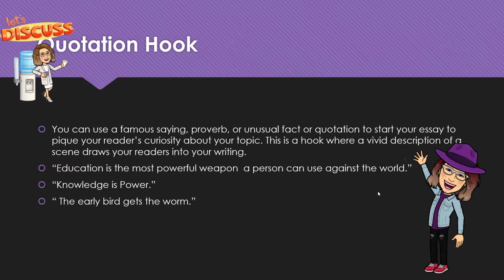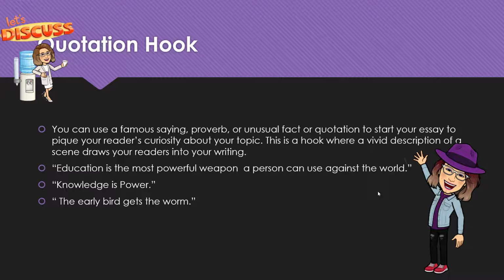Quotation hook. You can use a famous saying, proverb, or unusual fact for quotation to start your essay to pique your reader's curiosity about your topic. This is a hook where a vivid description of a scene draws your reader into your writing. Education is the most powerful weapon a person can use against the world. Knowledge is power. The early bird gets the worm.